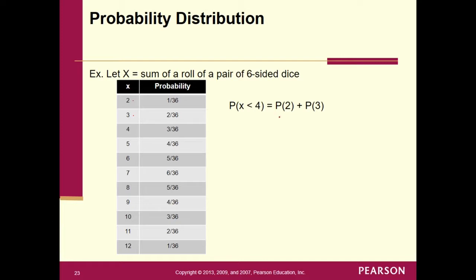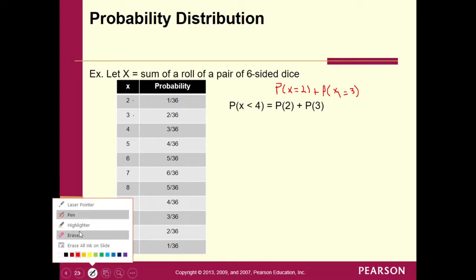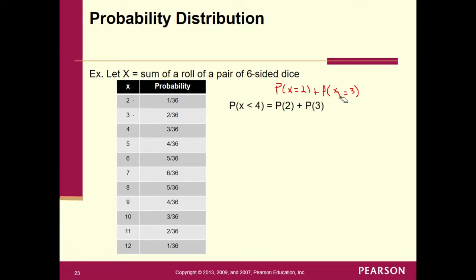And so I used a little bit of shorthand here, and I could have written these out: the probability that x is equal to 2 plus the probability that x is equal to 3. I could have written it out like that, but I chose to use a little shorthand.